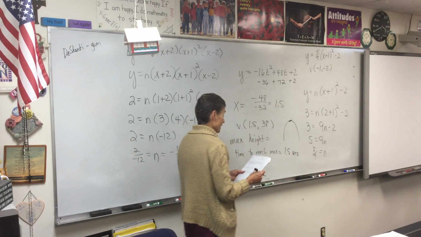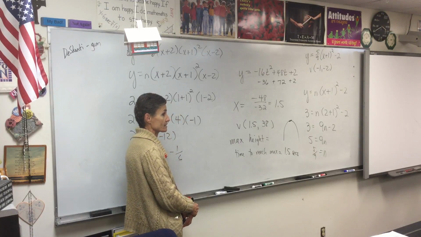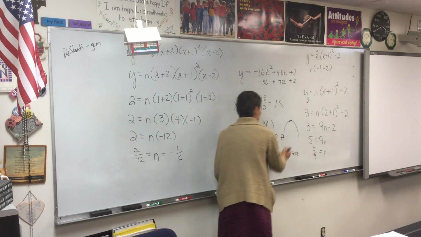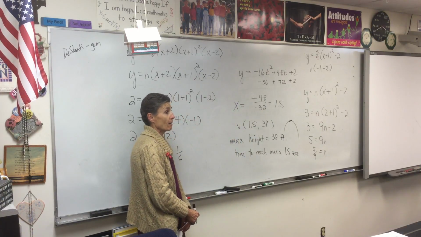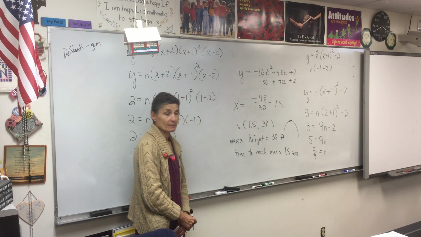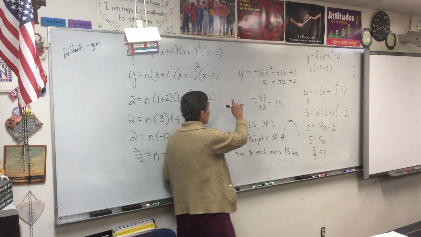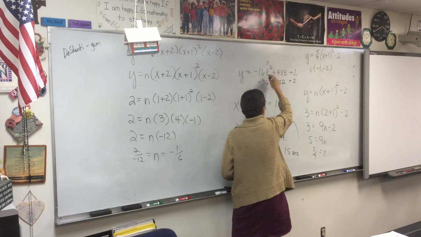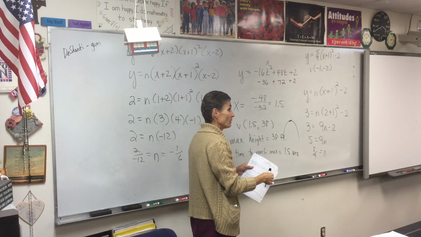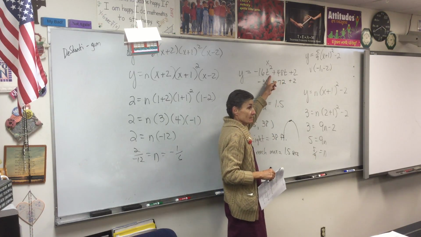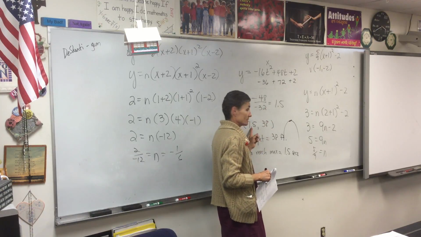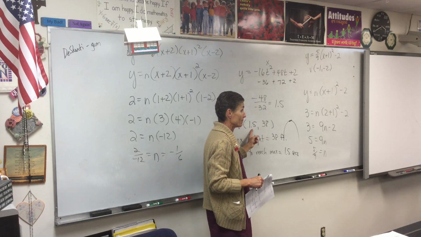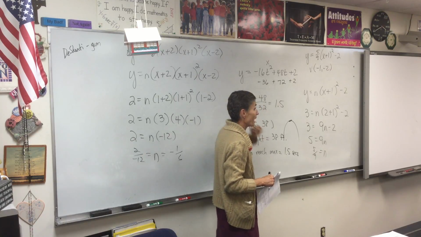And the height is 38 feet. Now, don't you dare be confused by that. When I wrote the equation, instead of x's, I used t's, because they did on the paper, but that's an x. X's are t's, so the x coordinate is the time. The y coordinate is the height.